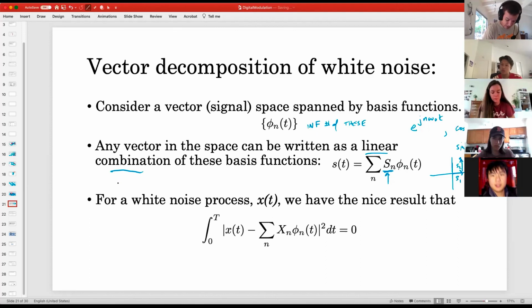So S sub n is going to be the projection of the function that we'd like onto the basis function that we want to go along, divided by the norm of the basis function squared.